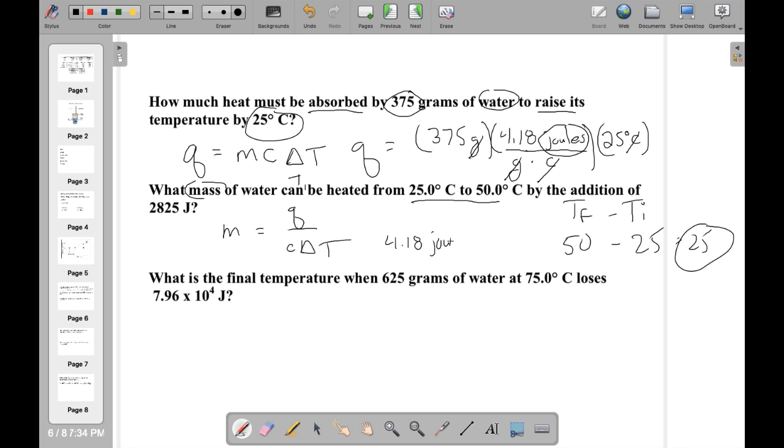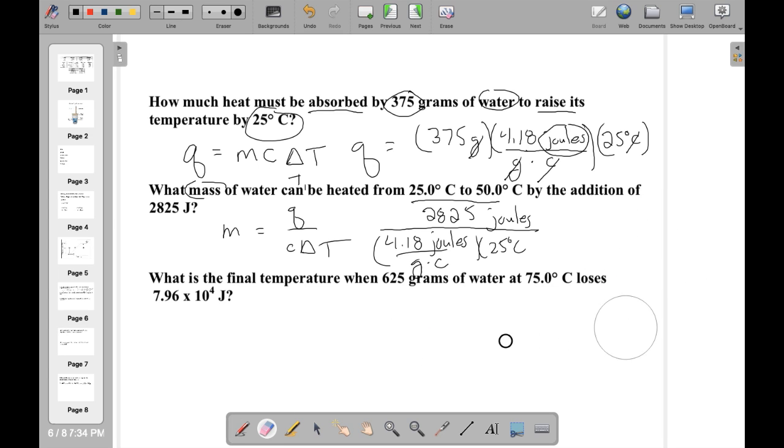4.18 joules per gram Celsius times 25 degrees Celsius. And then up here we have 2,825 joules. So it's a big old huge mess here, basically, if we write all this out. I did this just to say that these Celsius are going to cancel.